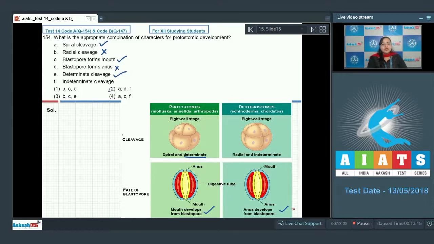And F is given, indeterminate cleavage. Indeterminate cleavage occurs in deuterostomic development, in which the fate of blastomeres is not determined. So A, C and E are the correct combination of characters for protostomic development, making option first the answer for our question. So let's proceed to our next question.